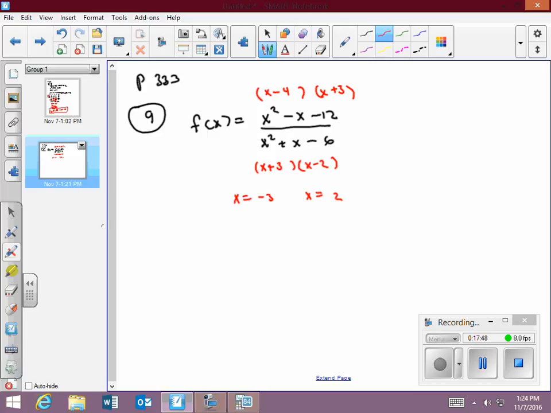You see where I got that? Those two values should be points where either you have a hole or you have a vertical asymptote. Now, one of them is a hole and one of them is a vertical asymptote. And how can I determine which is which?